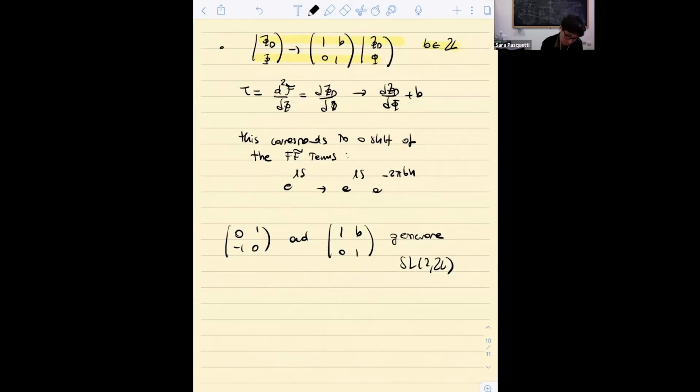I told you that we had a classical formula for the central charge in terms of the coordinate a, which is the VEV of the scalar, and the classical holomorphic coupling.